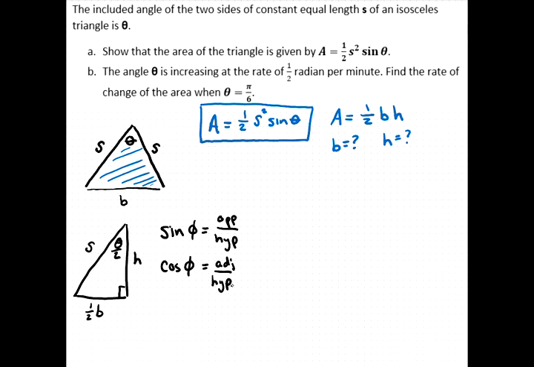All right, so let's use these trigonometric definitions. So coming back up here, the sine of theta over 2 should be equal to the length of the opposite side divided by the length of the hypotenuse. Okay, so that's 1/2 of b divided by s.